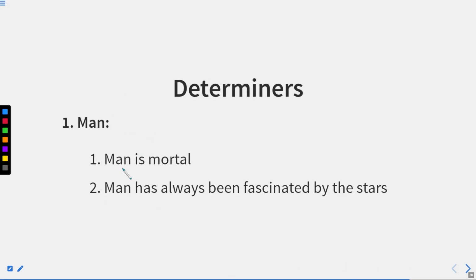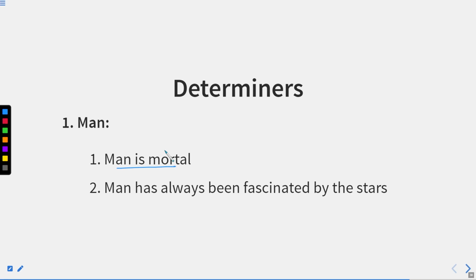for a man, if I say man is mortal, now every living being who has taken birth has to die one day. That is fine. It means every living being is mortal. If I'm saying man is mortal, it means I'm not talking only about those people who are male. I'm not talking about male community only.